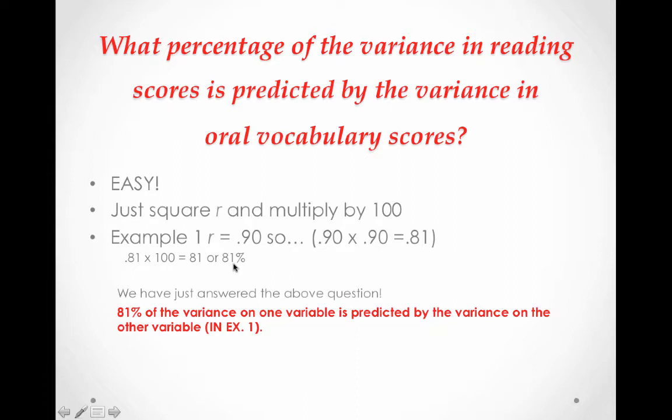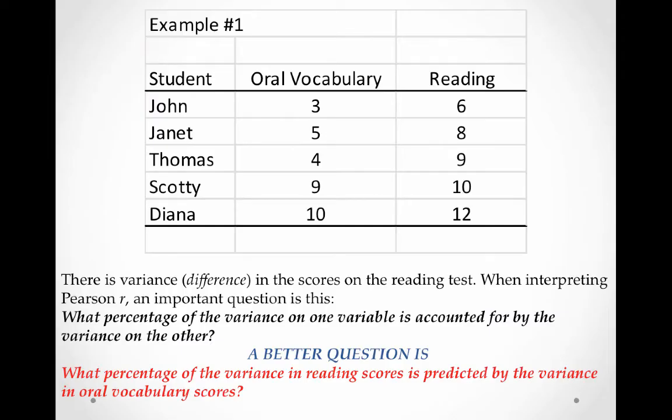So we've just answered the above question. 81% of the variance on one variable is predicted by the variance on the other variable. So that is example 1.